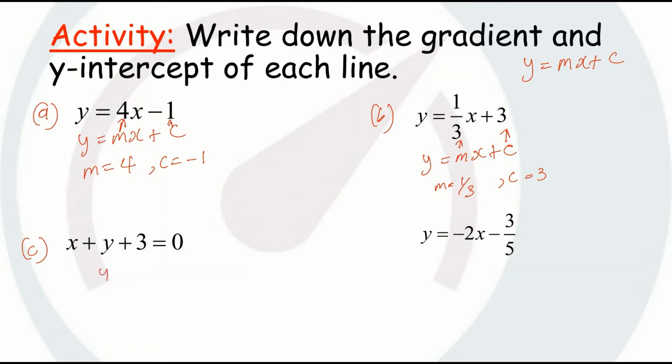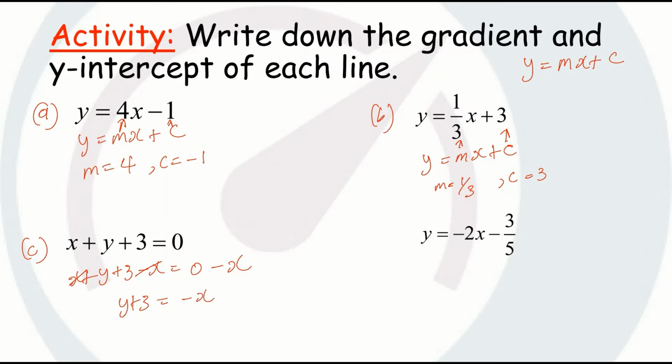So we have y plus 3. Let's say we want to get rid of x on both sides. So we have minus x is equal to 0 minus x. So then our x goes. So we have y plus 3 is equal to minus x.